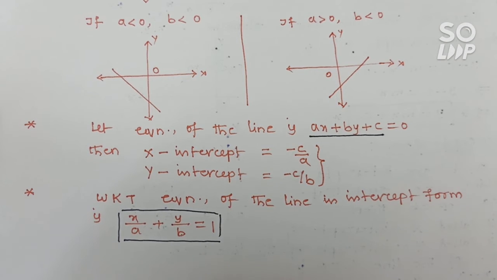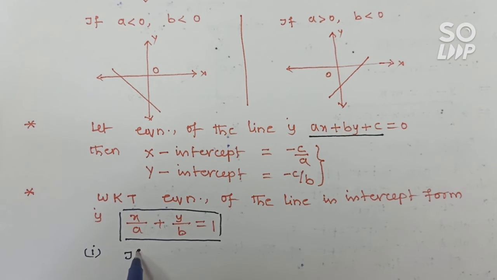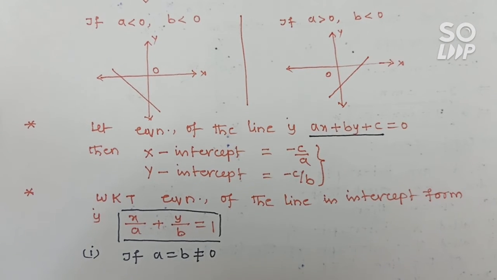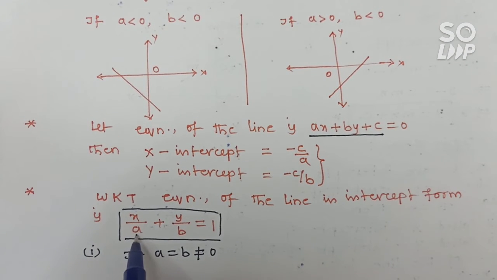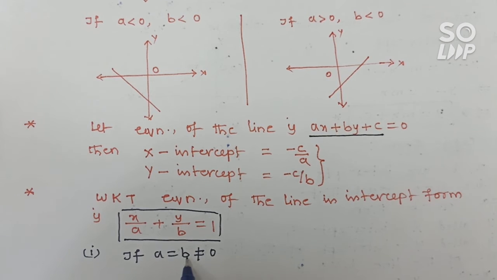Now you are coming to the point. First point: if a is equal to b and not equal to 0, that means this equation has equal non-zero intercepts.